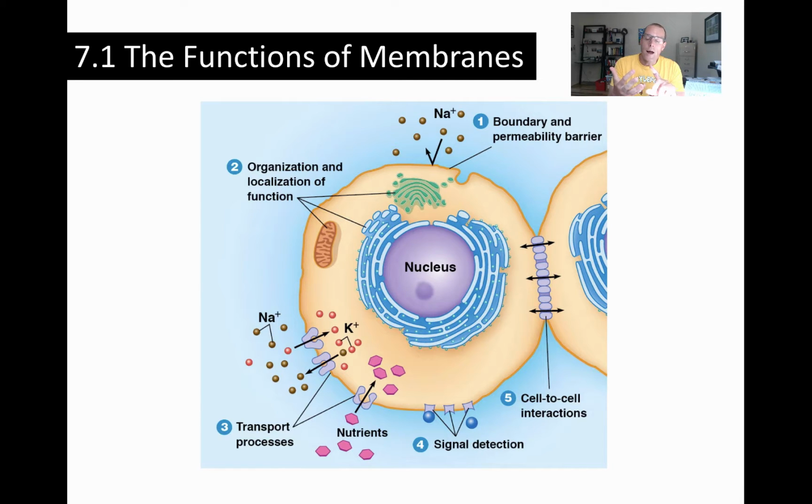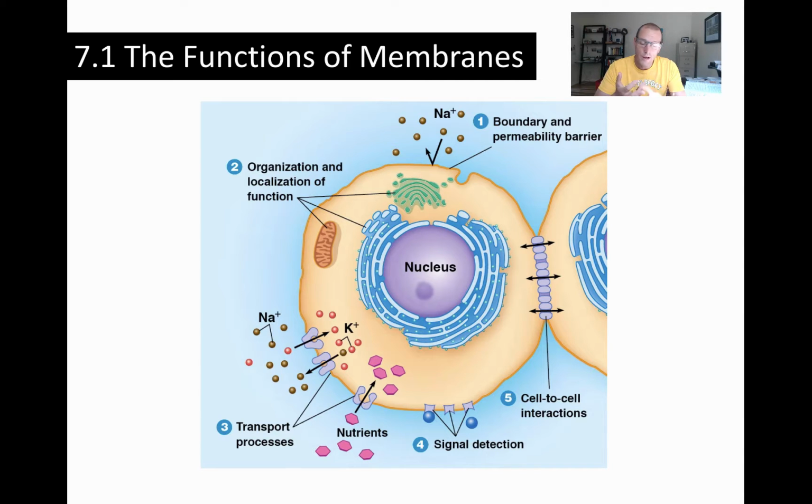So in acting as boundaries, they are obviously selectively permeable, and we'll talk about selective permeability again because it's an important principle to cement when we talk about cells and cell biology. Cell membranes, organelle membranes, also serve as sites for biological functions.